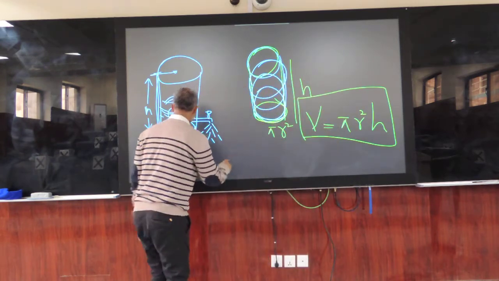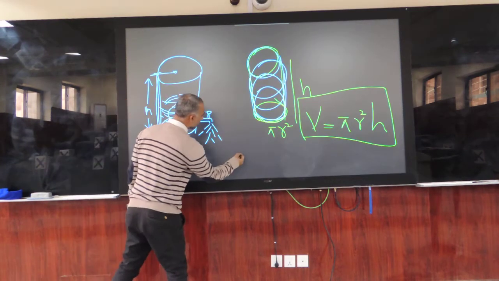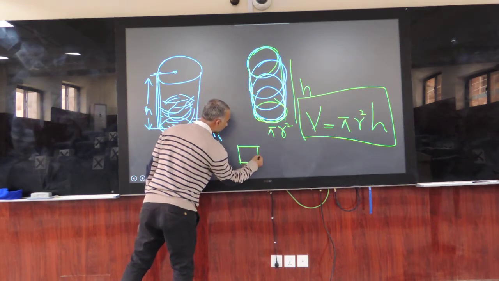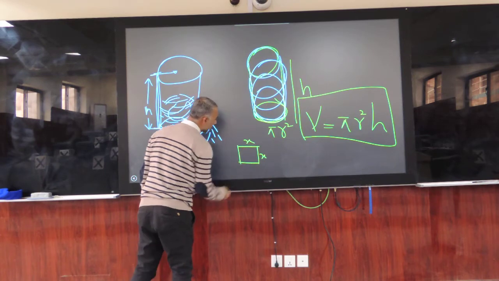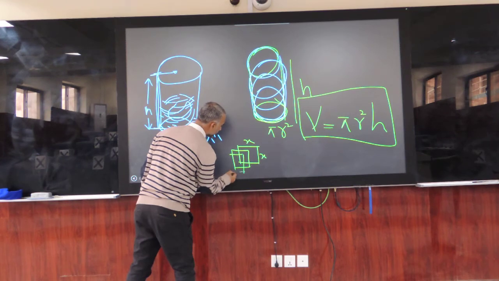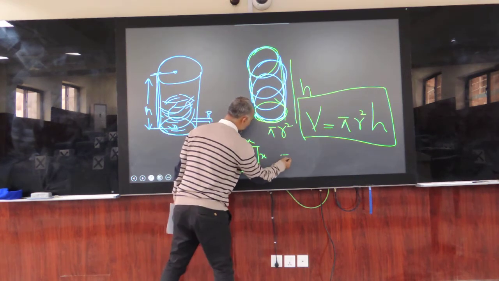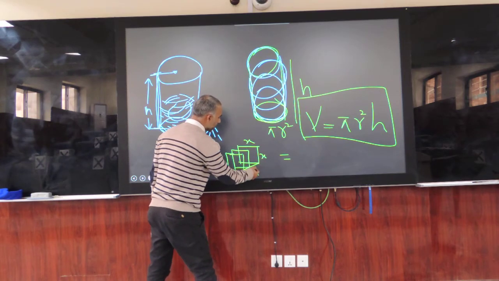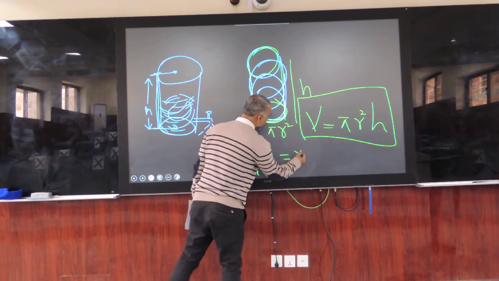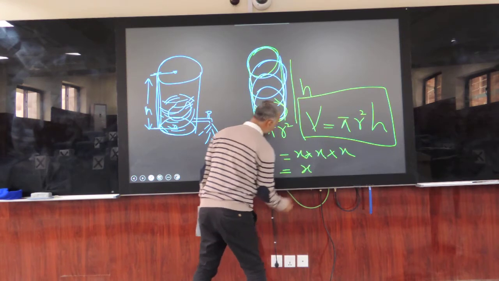Remember, it is similar to this. For example, take x as height and x as width. If there are too many x, and this side is also x, then length times width times height, x multiplied by x, gives you the volume of a box.